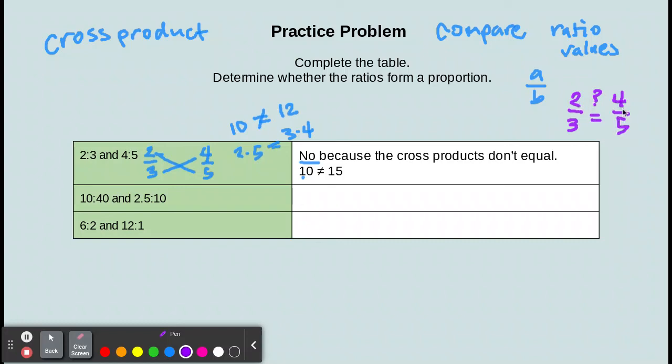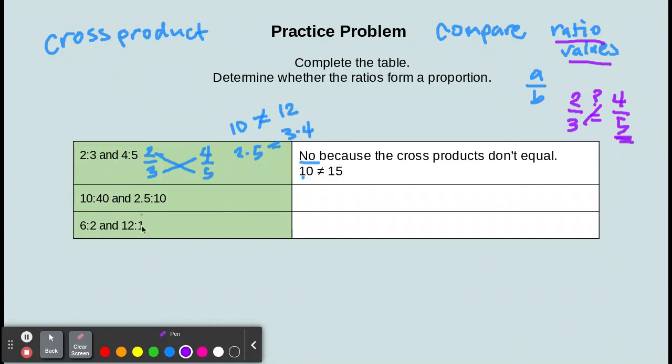Well, 2 times 2 can give you 4, but 3 times 2 should give you 6, but this is a 5 instead of a 6. So they are not forming a proportion. They're not equal, right? Their ratio values are not the same. So the answer is no.